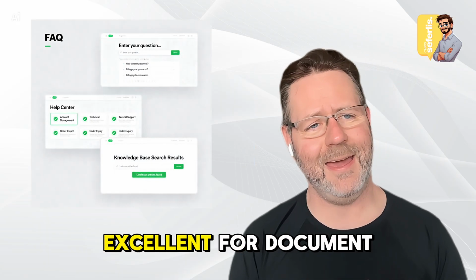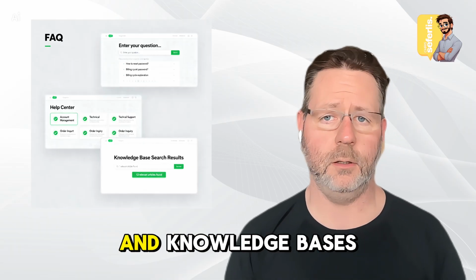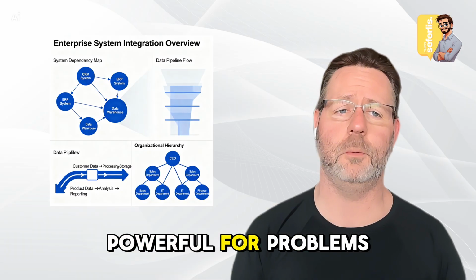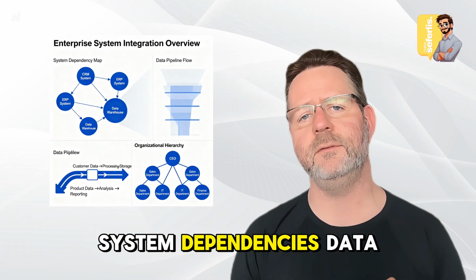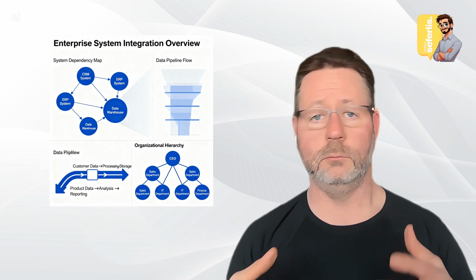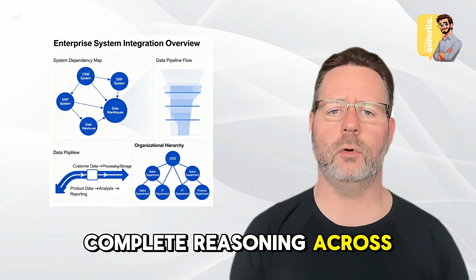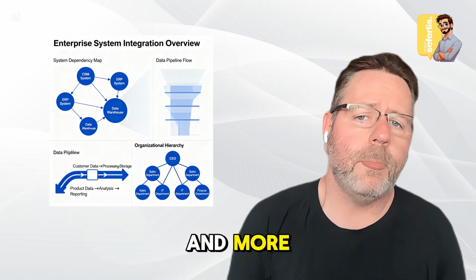Traditional RAG is excellent for document search, things like FAQs and knowledge bases. GraphRAG is especially powerful for problems involving things like system dependencies, data lineage, organizational relationships, root cause analysis, complete reasoning across multiple sources, and more.